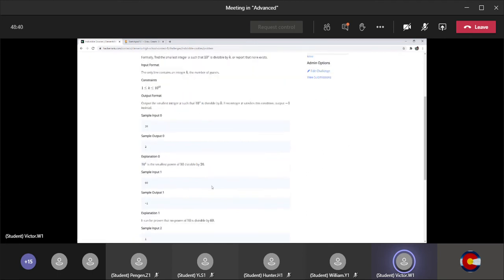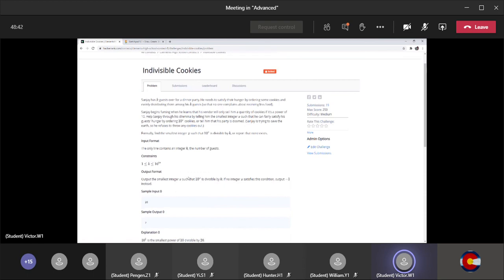So if we look at the highest possible x we might have to consider, k is up to 10 to the 18th, which is about the size of a long, which has 64 bits.